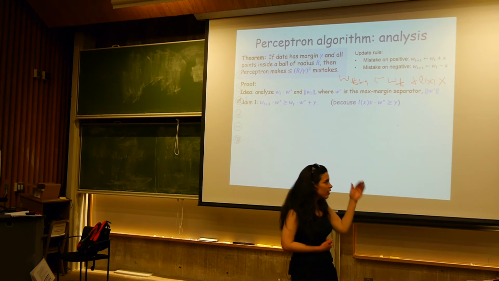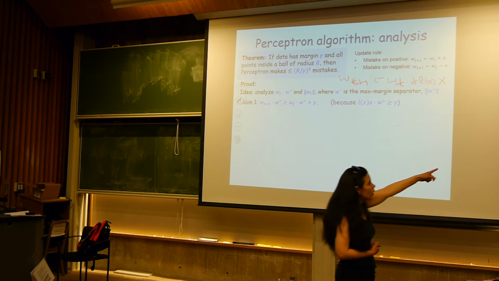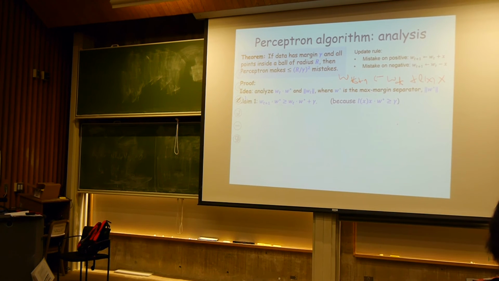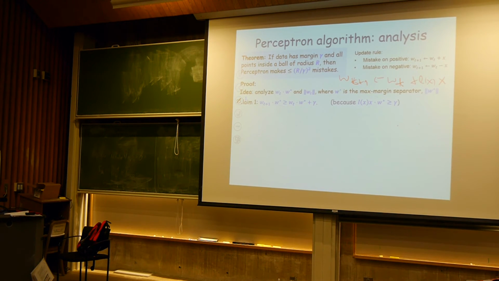Now given this fact, I can compute WT plus 1 dot W star, which will be WT dot W star plus exactly the label of X times W star dot X. But because W star has margin at least gamma, that second term is at least gamma. So that immediately implies what I want.